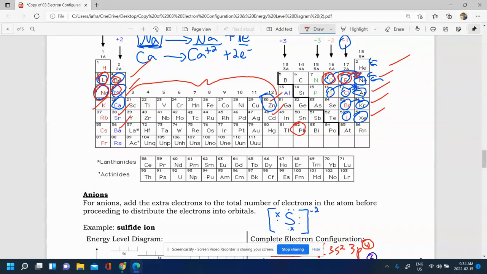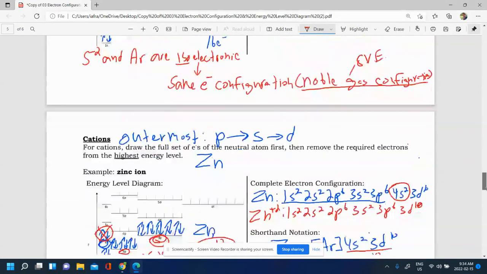Before we go into the D block, we need to go into the F block because we're here. The F block starts at 4f, so 4f14 all the way through here. Then we have our 5d10 all the way over here. And then finally our 6p2. So that's a long electron configuration, but that's okay. It's some good practice.